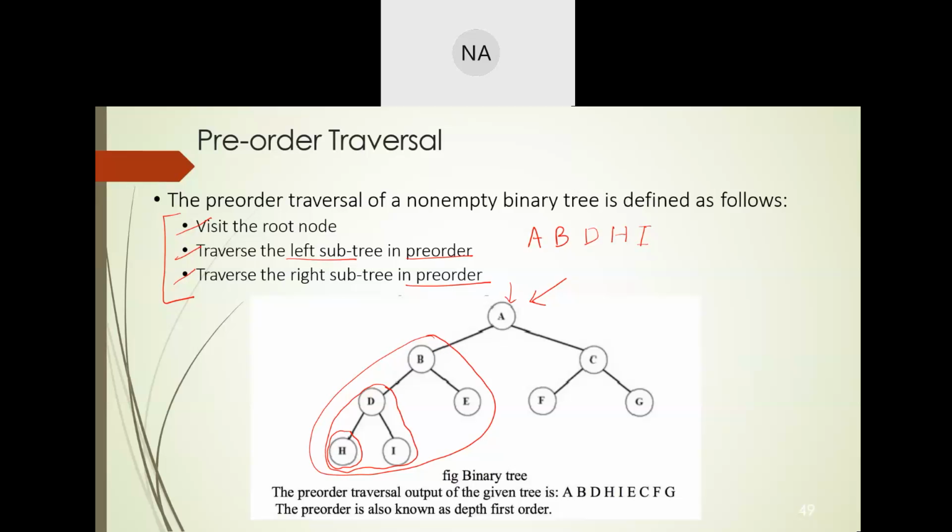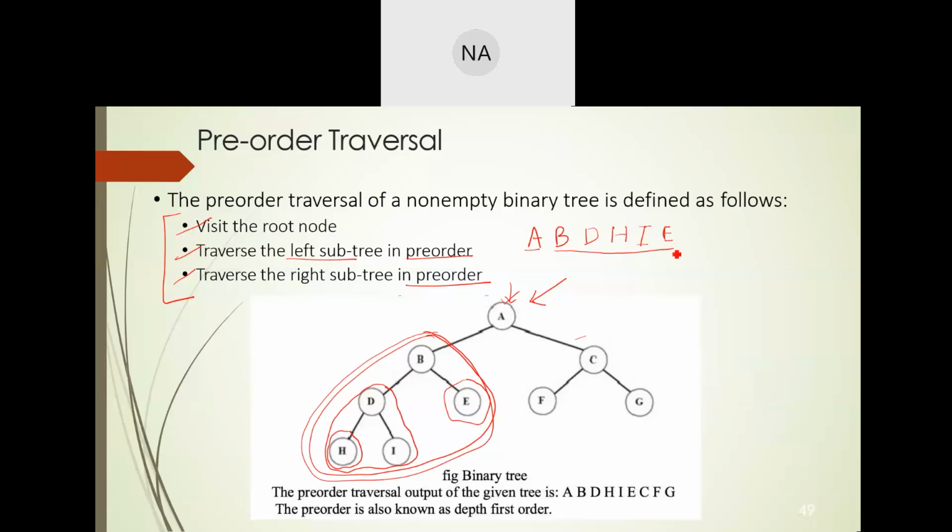Then you go to the right subtree of node B, which contains a single node, so you simply write its value, E. There are no left or right children for node E, so the entire left subtree of node A is traversed.